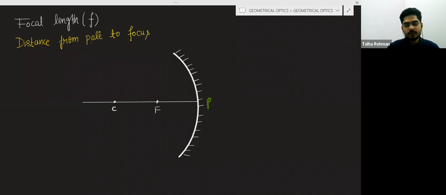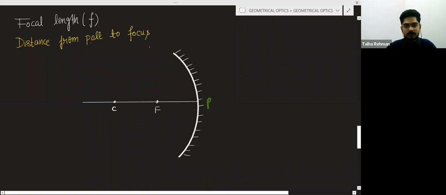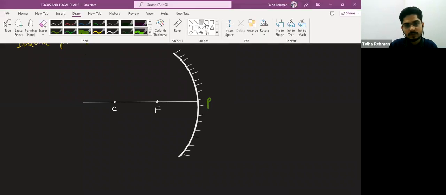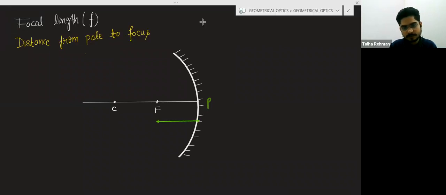Basically, what distance am I talking about? I am talking about this distance. So this distance is a small f, focal length.